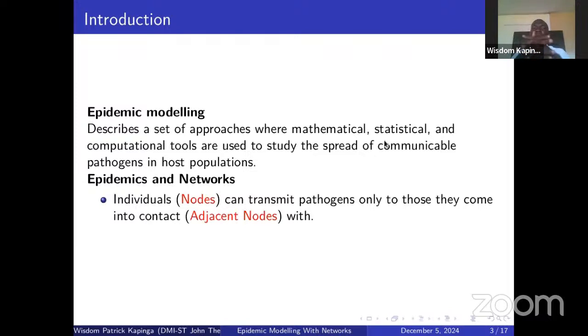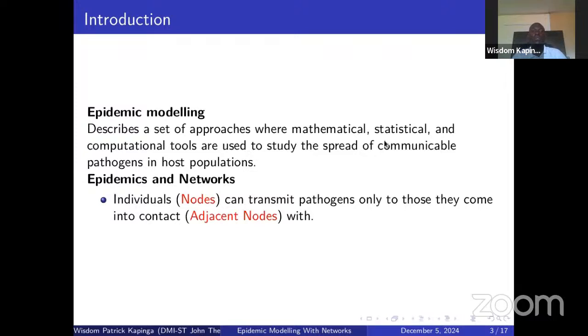So here we are just looking at how a communicable disease spreads in a population. There are, of course, some other diseases which are not communicable, so you cannot put them in this category. But here we're looking at those diseases which you can pass on to others by getting into contact with them or by any other means.